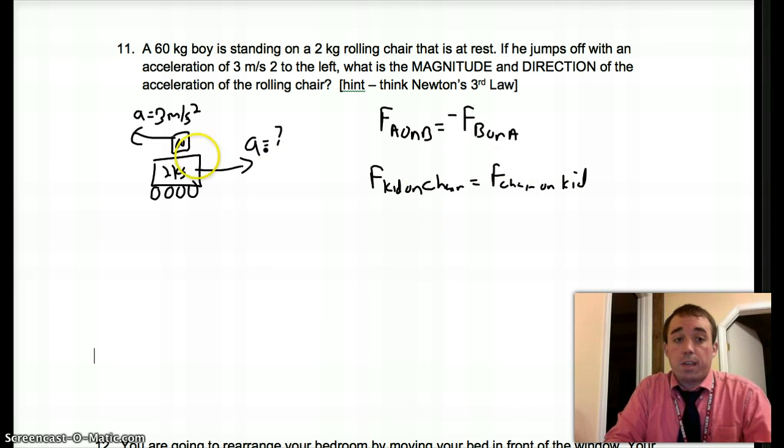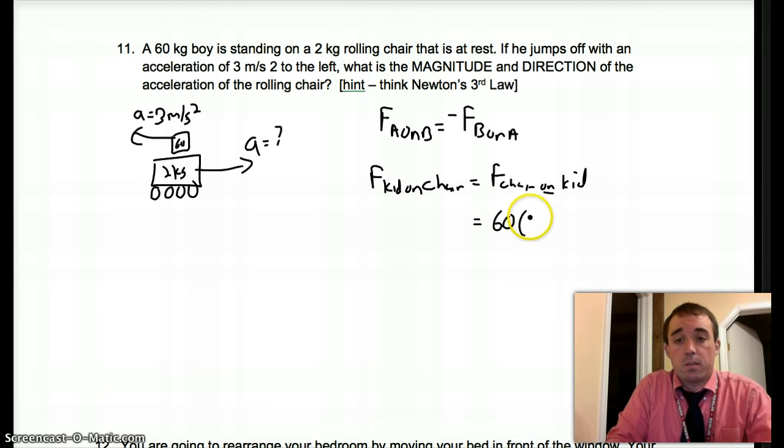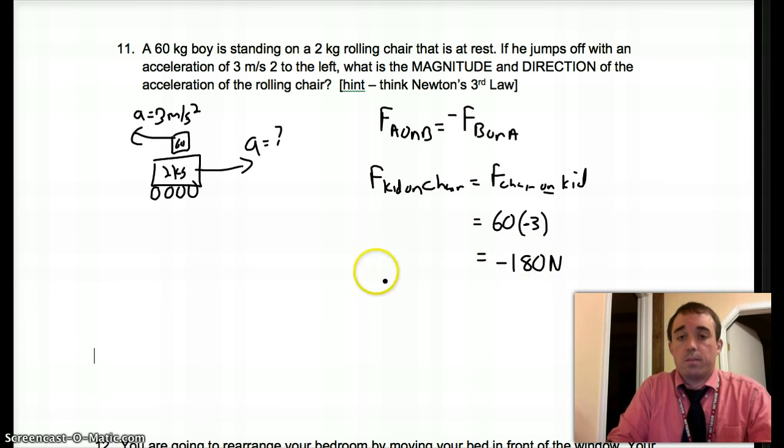The force of the chair on the kid is what accelerates the kid. That force, there's only one, so that's the net force, is just the mass of the kid, 60 times negative 3 for the left, which is negative 180 newtons.